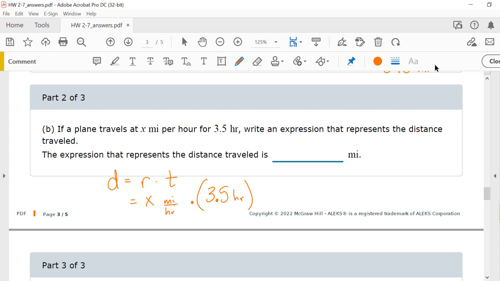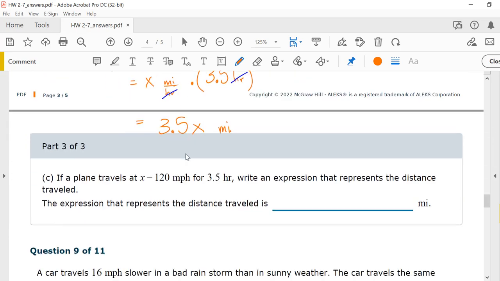So what is X times 3.5? Well, that would be 3.5x. My units, miles per hour times hour, leaves me with just miles. So I have traveled 3.5x miles.